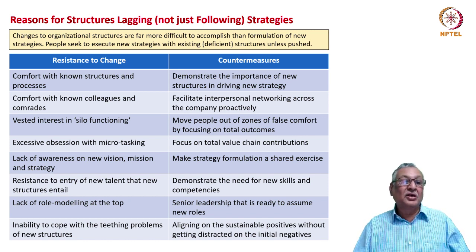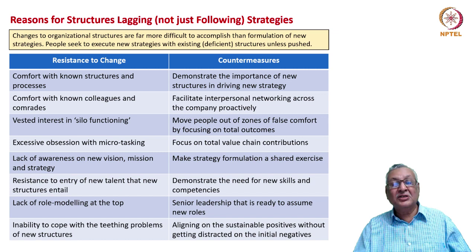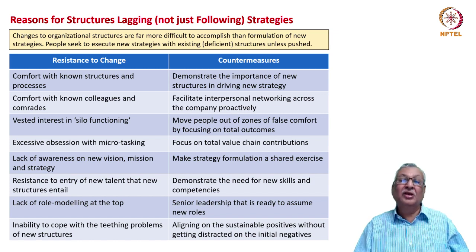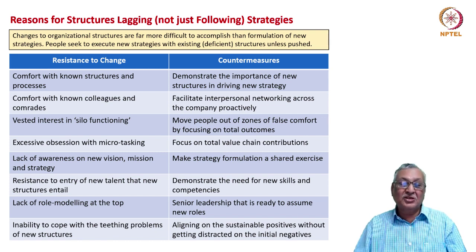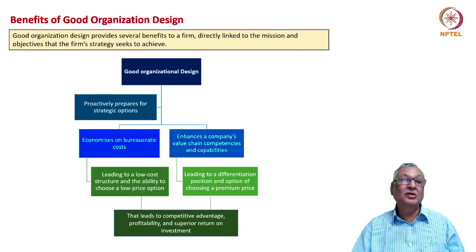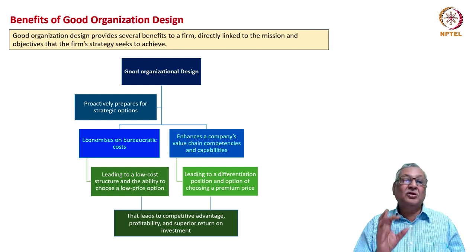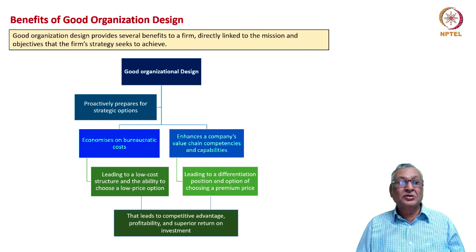So the reasons for resistance to change in organizations, particularly when structural transformations and strategic transformations are taking place, are many. But fortunately, we have countermeasures for each of the factors of resistance which we can implement as I have outlined here. So all of this points to good organization design being at the core of strategy execution.